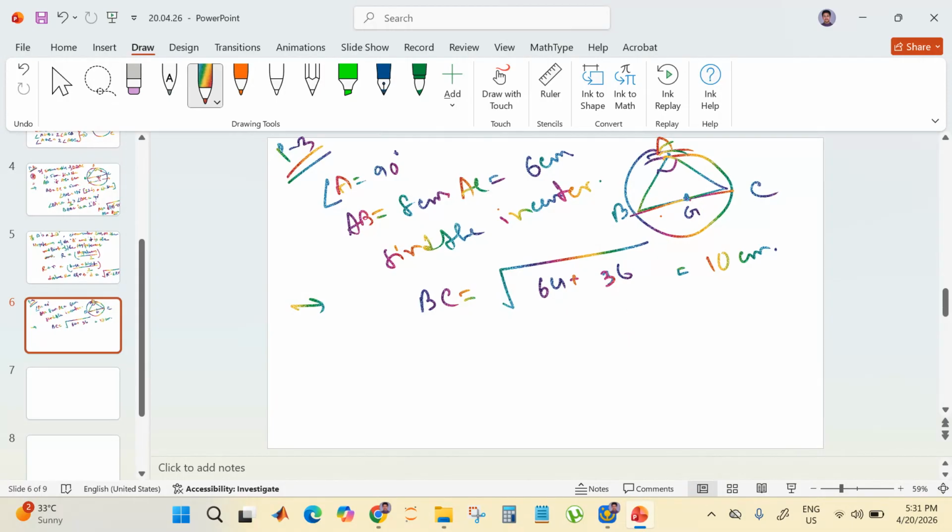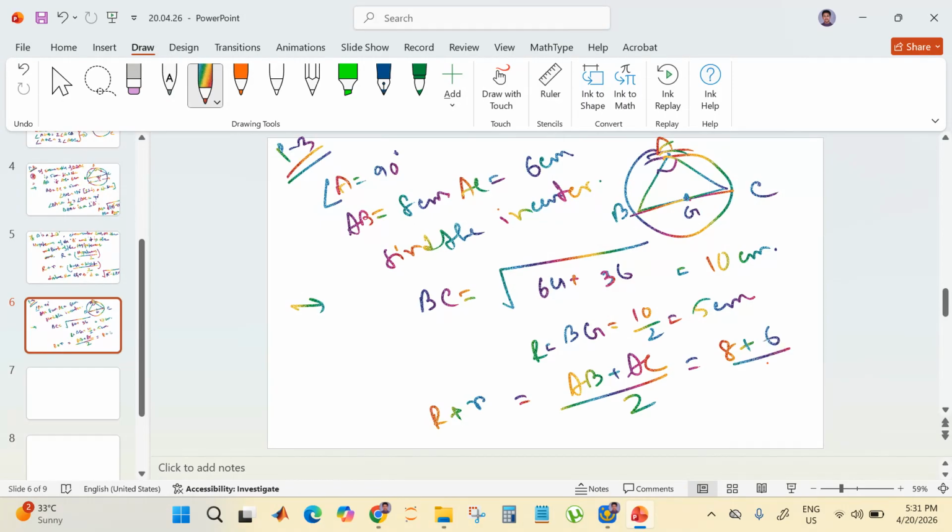And what is the radius? This BG is nothing but the capital R, right? So 10 by 2, that is 5 centimeter. And we know the relation small r by capital R equals AB plus AC by 2, right? So AB is 8, AC is 6 by 2, and capital R is 10.